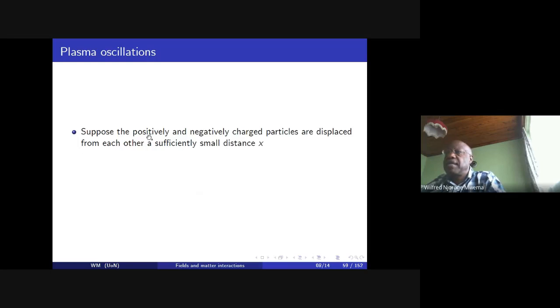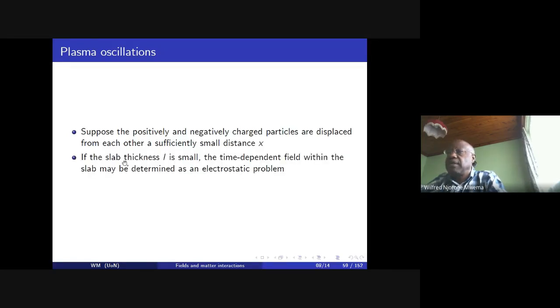So suppose that the positively and negatively charged particles are displaced from each other a sufficiently small distance x. If the slab thickness L is small, the time average field within the slab may be determined as an electrostatic problem.